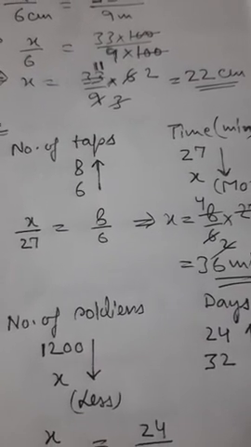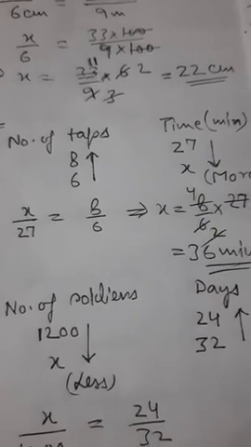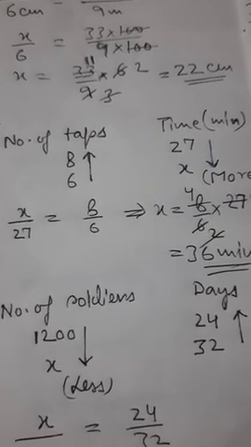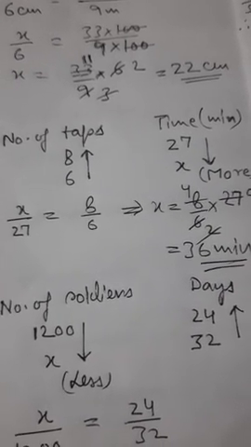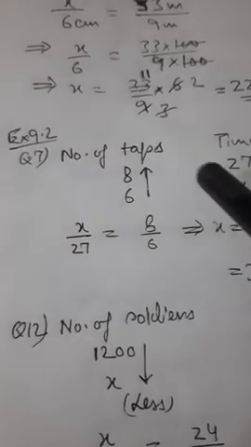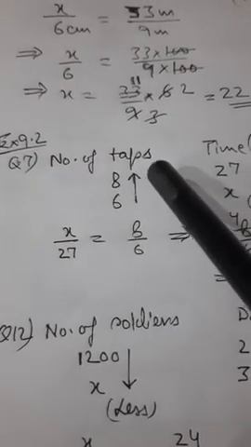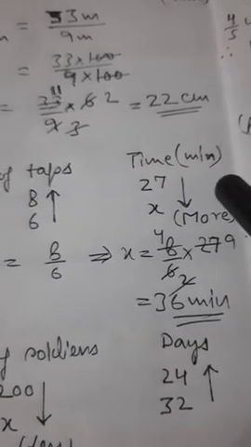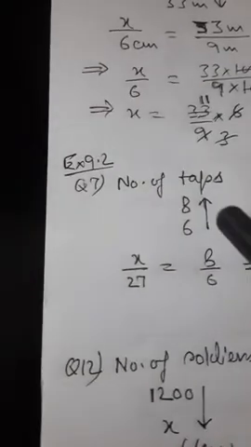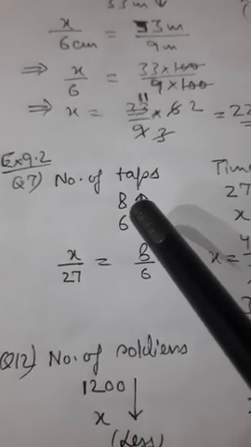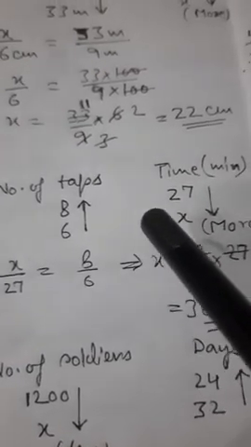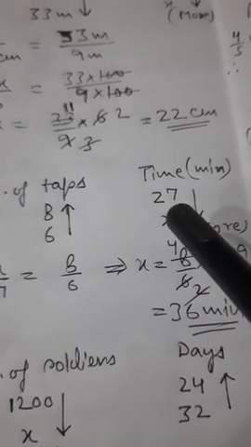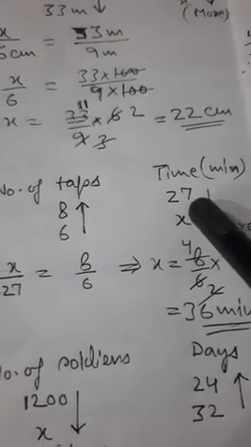So there are two things relating to each other: number of taps and time taken to fill the tank. So we write under two headings: number of taps is the first heading and time in minutes is the second heading. The first situation, 8 taps fill the tank in 27 minutes.